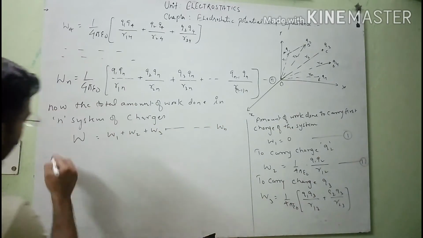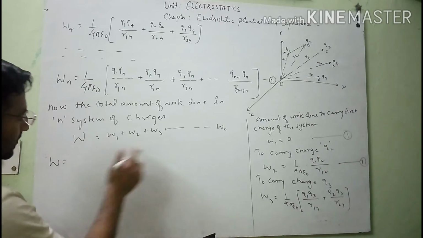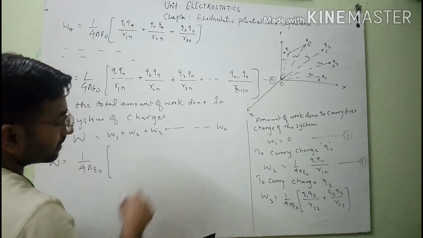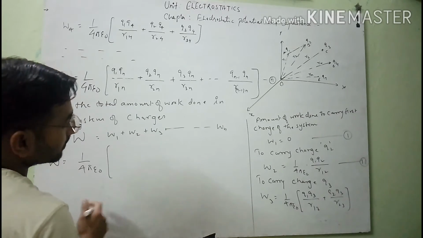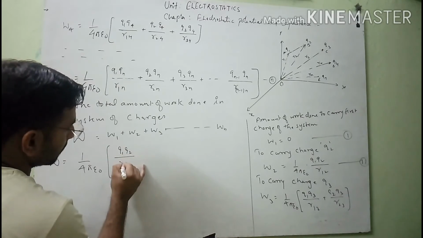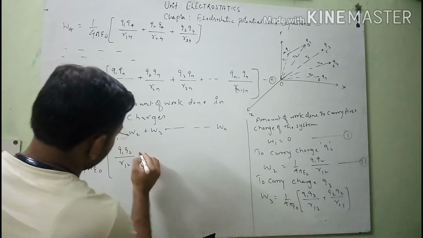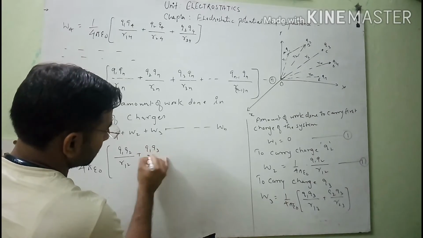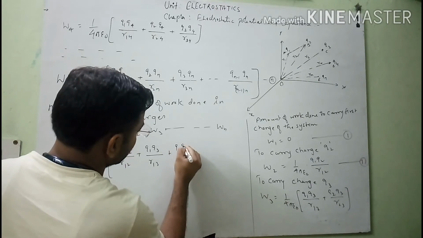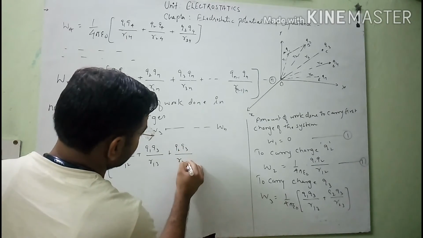When you add them all, I will write some steps here, because after that I will write all the steps in summation form, algebraic sum form. So first is Q1 Q2 over R12, you can see from there. After that Q1 Q3 over R13. After that Q2 Q3 over R23.